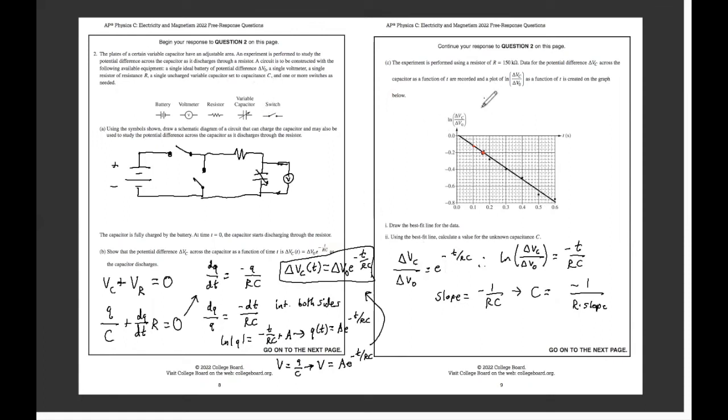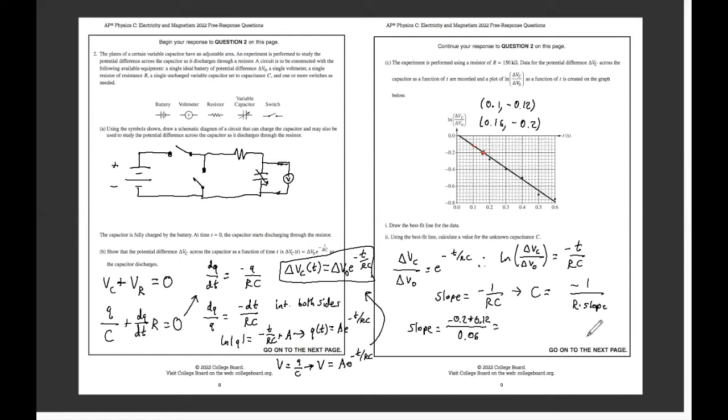Those points are going to be, it looks like 0.1 comma, let's see, 1, 2, 3, 4, 5, negative 0.12. And then the second point is 0.16 comma negative 0.2. And so my slope is going to equal negative 0.2 minus negative 0.12, over 0.06.